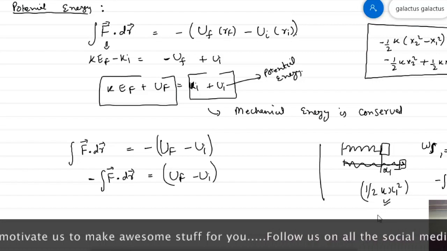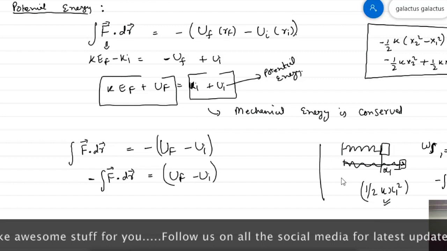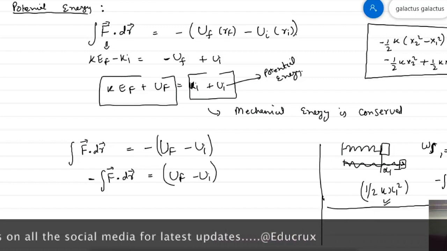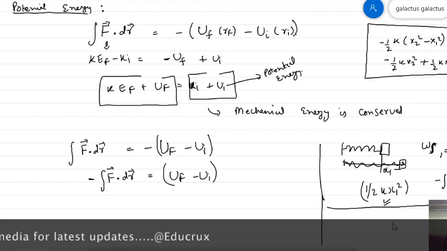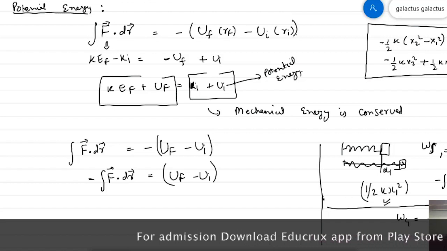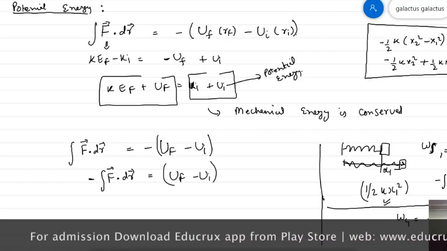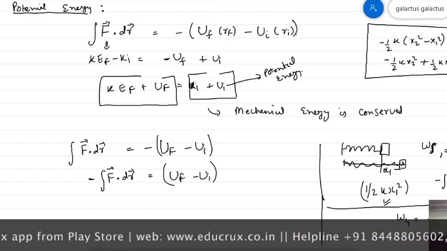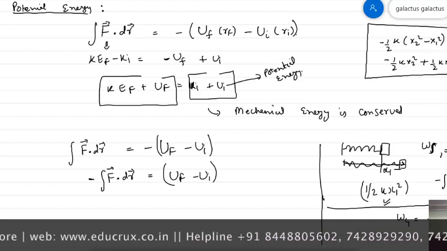But what if I have a particle that is moving vertically upward, moving against gravity? In that case, the work done by gravity was minus mgy, from any initial point 0 to a general point y.